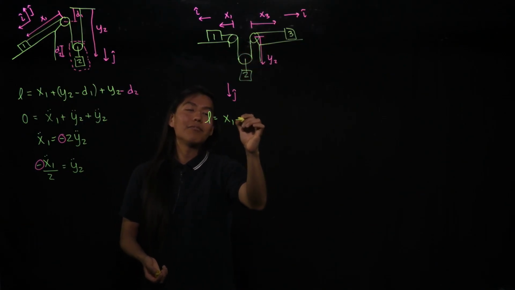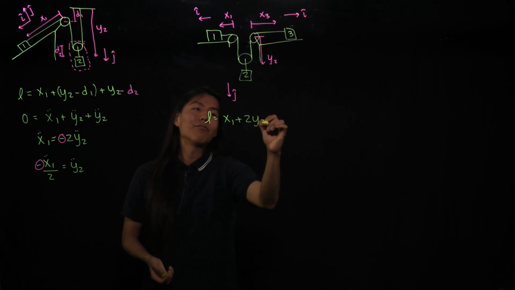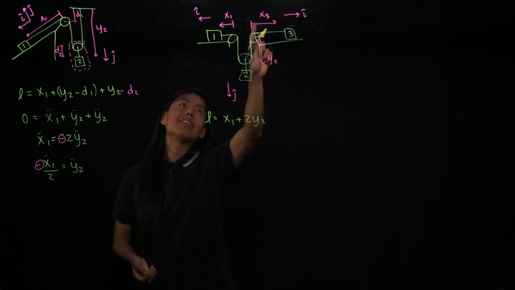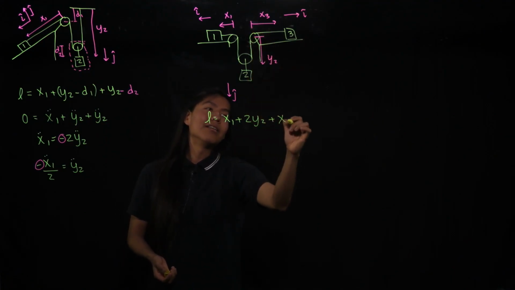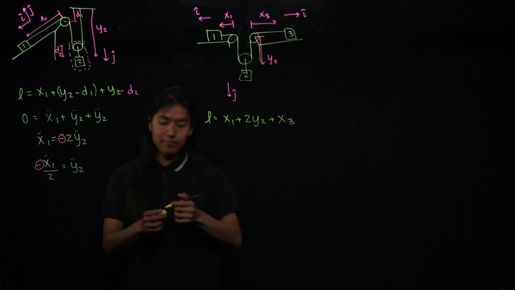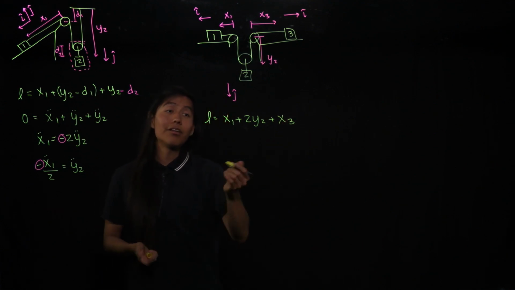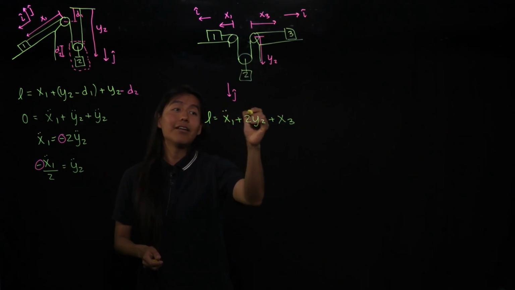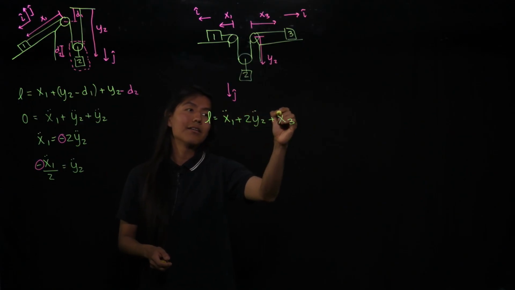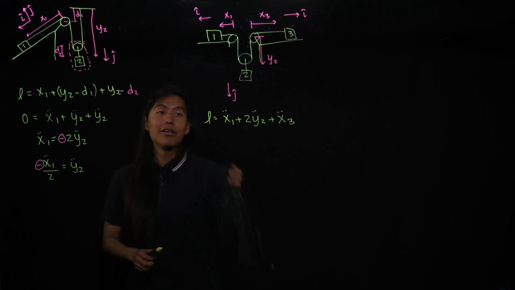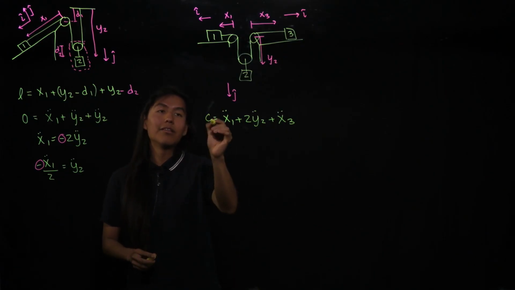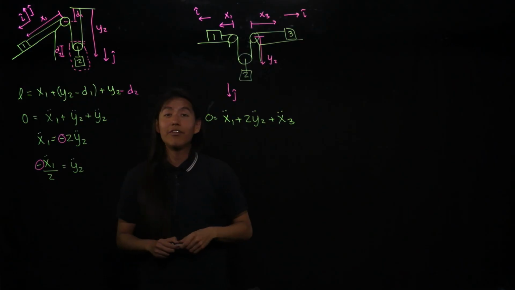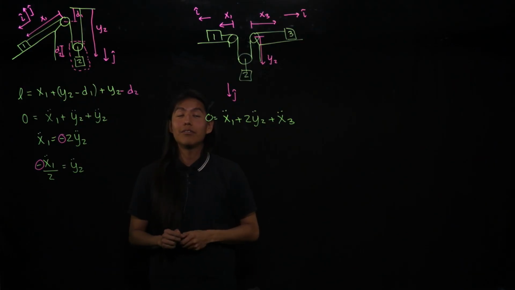In each case, that gives me 2 parts of y2, and I go from this pulley and I measure till I get to block number 3. This is x3. Therefore, if I want to do the constraint equation, I just add a couple of dots above each variable. And remember, this is non-stretchy rope. Therefore, when I do the time derivative, this should be equal to 0.